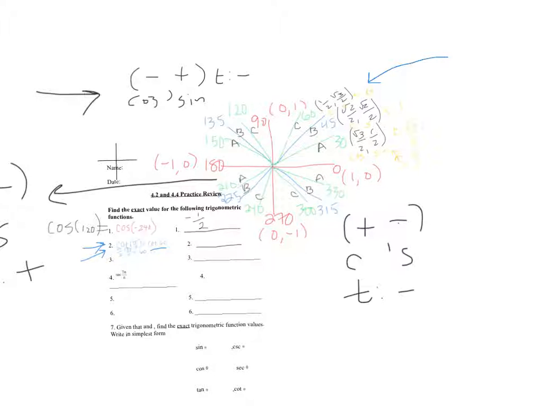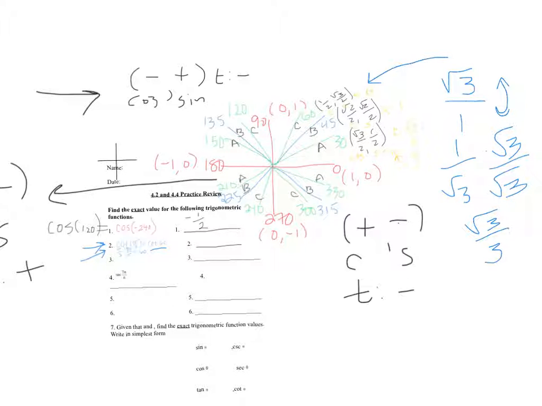So at 60 degrees, the tangent is root 3. But since we're talking about cotan, we need to do the reciprocal of that. So we would go 1 over root 3. We rationalize by multiplying by root 3 over root 3. And our final answer is root 3 over 3. So cotan at 60 is root 3 over 3, or cotan at pi over 3, same thing, root 3 over 3.